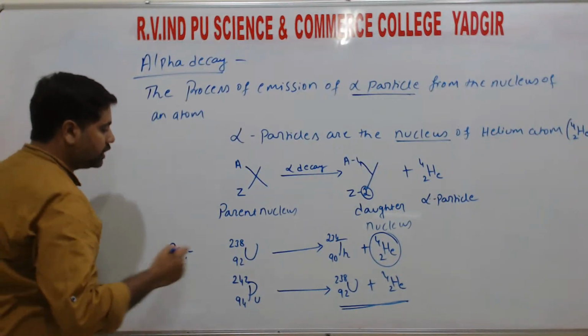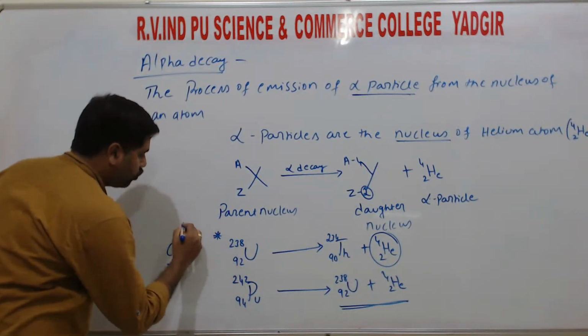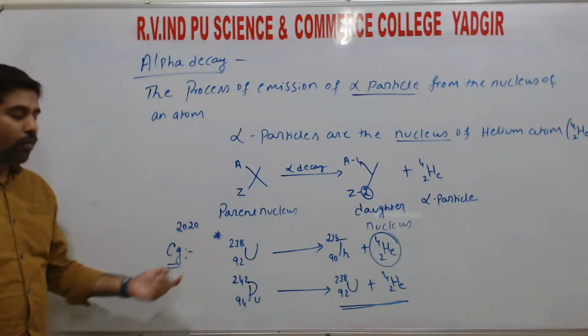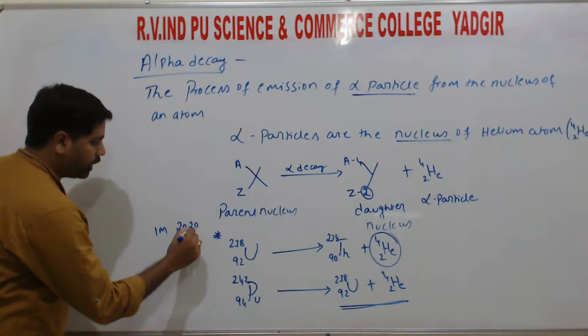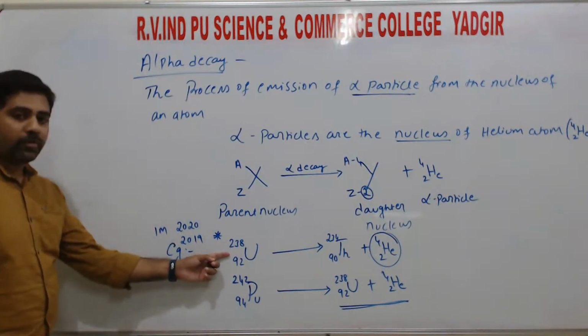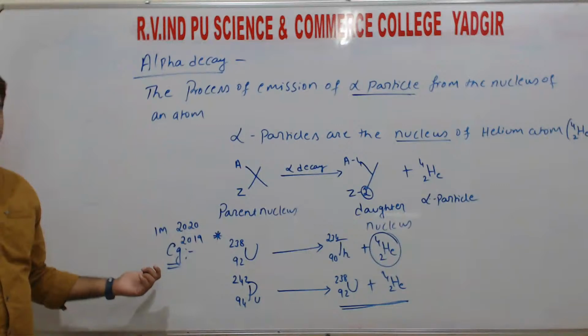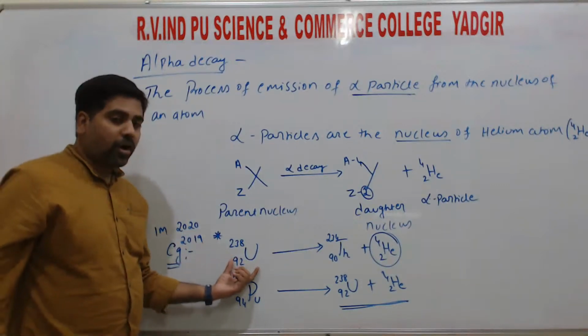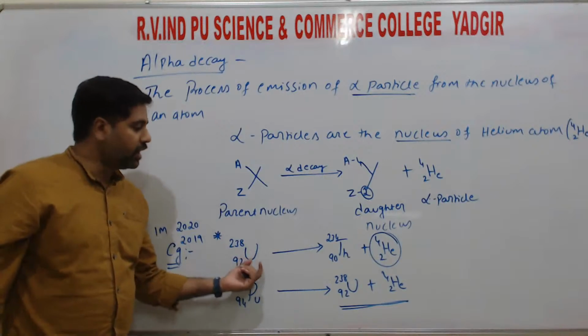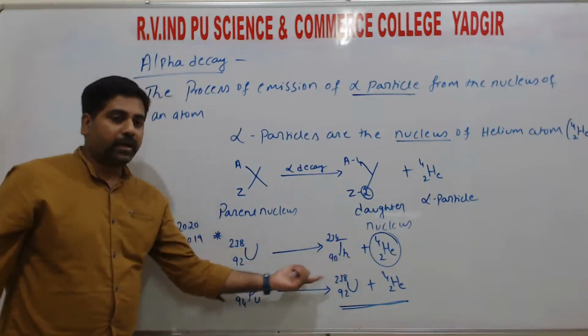So this example is very important. Two times they asked, this year also they asked this for 1 mark, in 2020, and in the last year also they asked this example for 1 mark, right? Write the alpha decay for uranium 238. Then we need to write this relation, right?